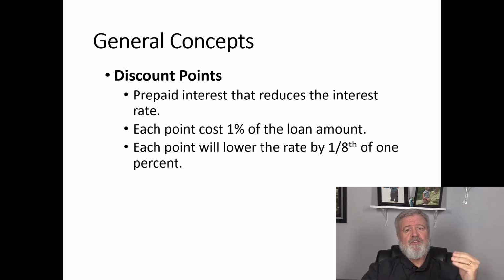Even if the seller agrees to pay for the points for the buyer, which is very common, it doesn't matter who pays for it. Only the buyer can deduct it. So that is a nice thing for the buyer. If the seller paid $4,000 in discount points to lower my interest rate, so I'm not having to pay it, and I get to write it off as a tax deduction on top of it, that's sweet if you're the buyer.